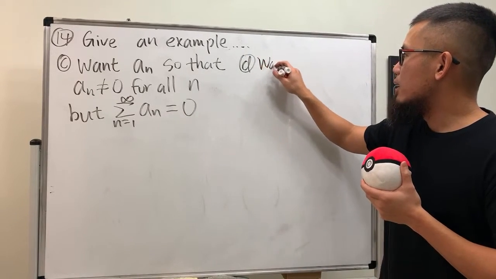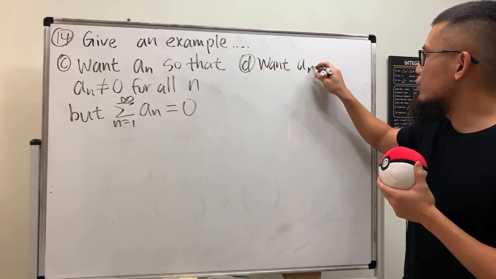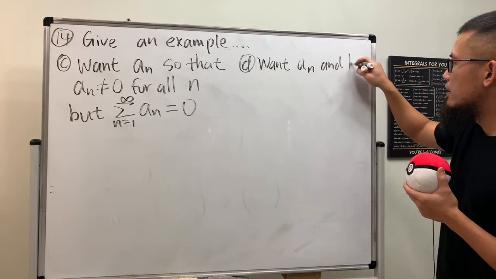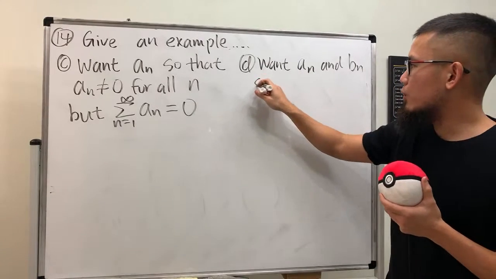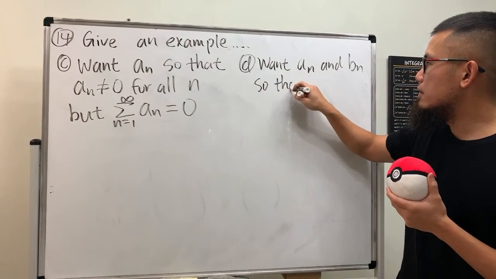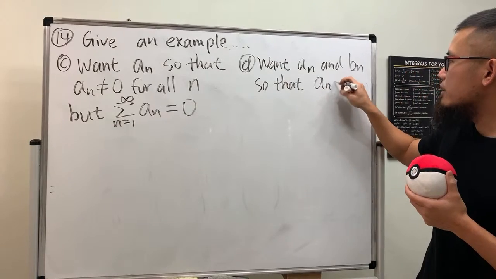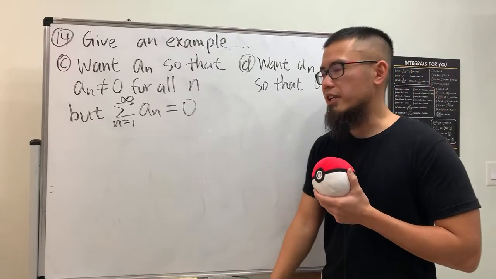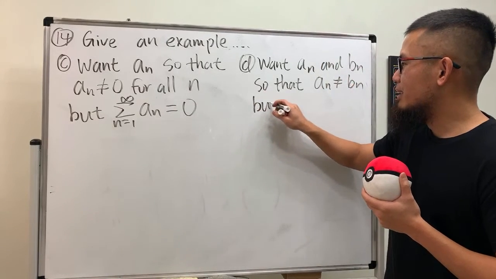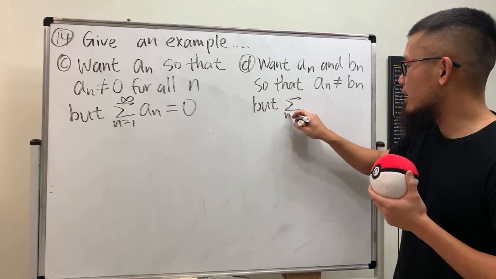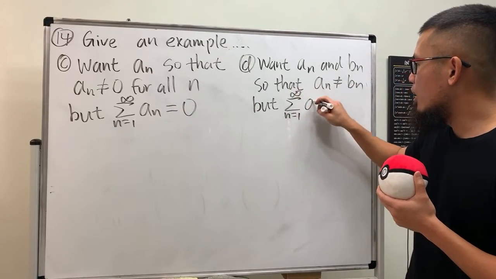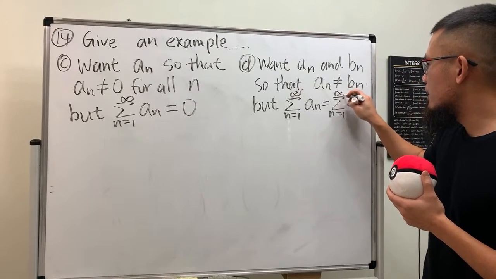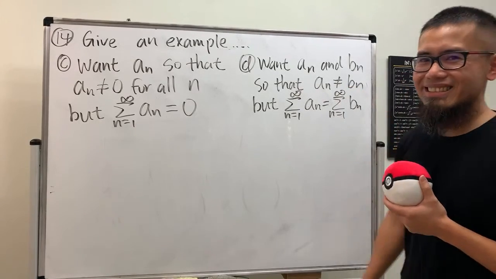For this one, you want a_n and b_n. So again, 2 series, a_n and b_n, so that we want a_n not the same as b_n. We don't want a_n and b_n to be the same, but you kind of guessed it: in the end, the series as n goes from 1 to infinity of a_n is equal to the series of b_n.